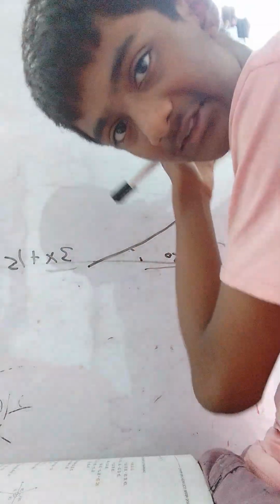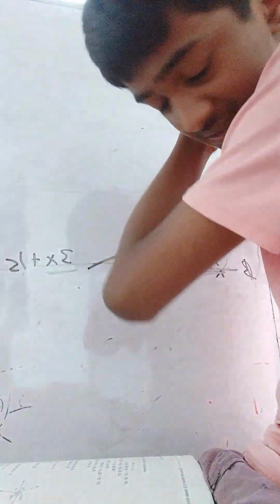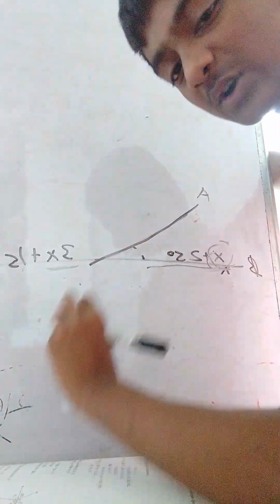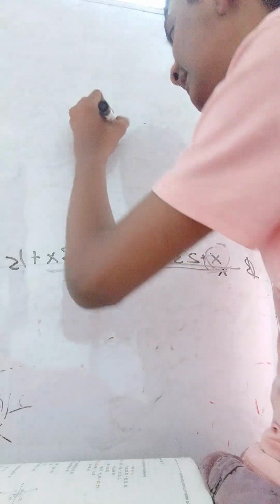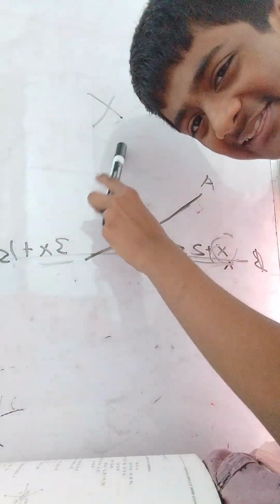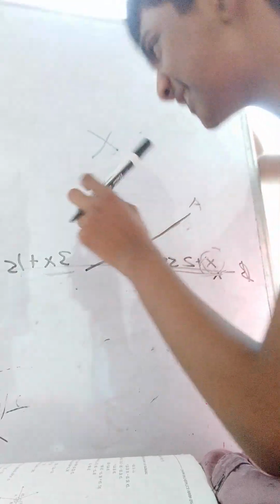Got it? Good. So, first of all, we add all the x. Whatever x you see here, add that. And guys, if you see this one little x, don't think that's 0x.